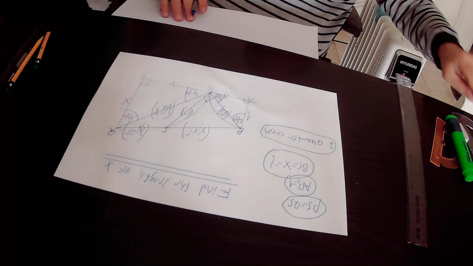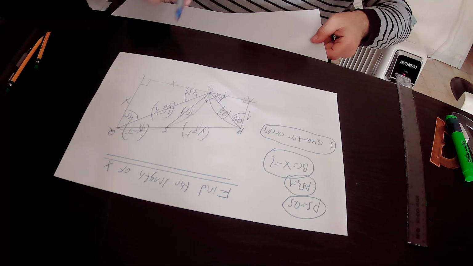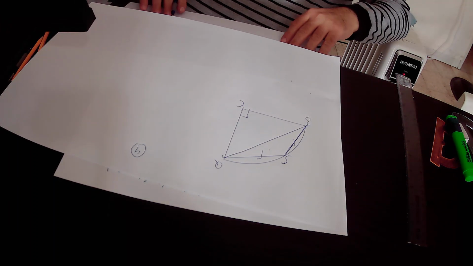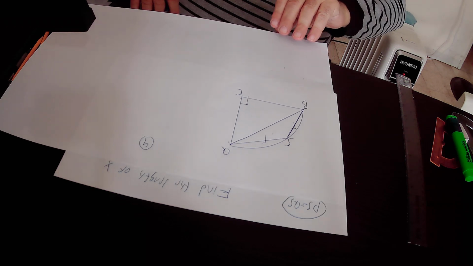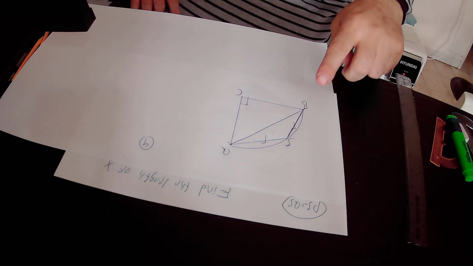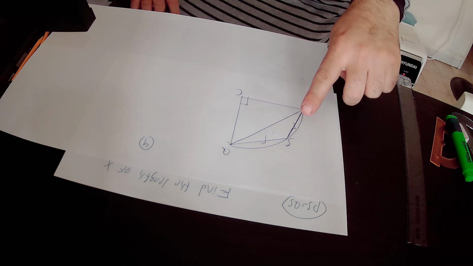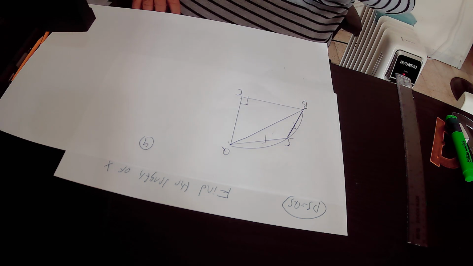Again, I copied this quarter circle to a new page here. This angle equals 90 degrees, and we already found out that QS equals SB. They are both the radii of the previous circle, therefore they are equal to each other.